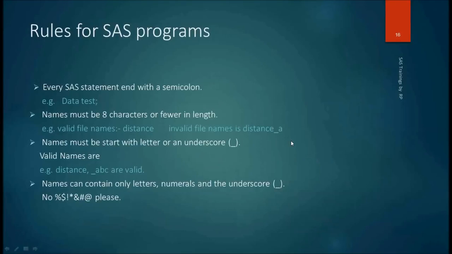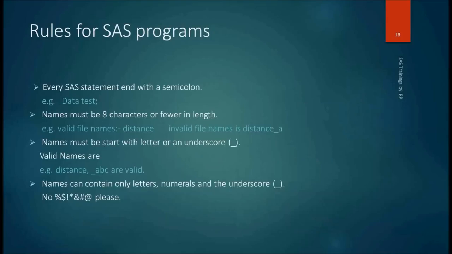Rules for SAS programs. Every SAS statement should end with a semicolon, and a name must be 8 characters or fewer in length. So some of the names in SAS, like file name, reference, or format, informat, should be within 8 characters. A name should start with a letter or underscore.